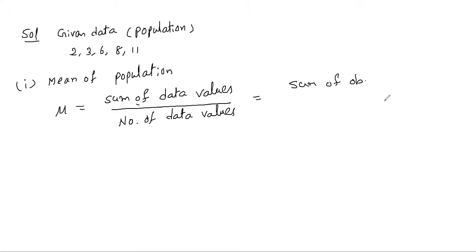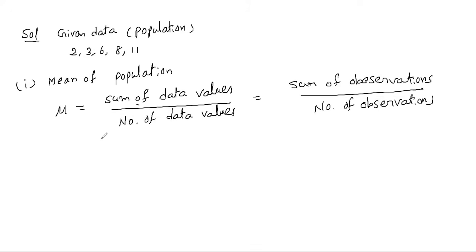You can write any formula of your choice. So now, the sum of the data values: 2 plus 3 plus 6 plus 8 plus 11, by how many data values? 1, 2, 3, 4, 5.